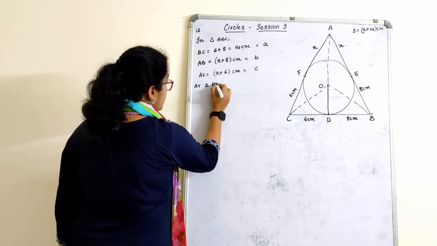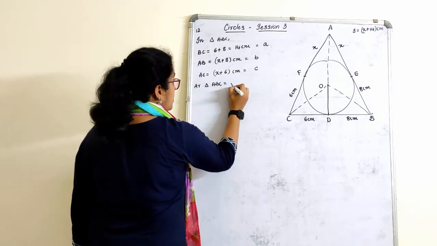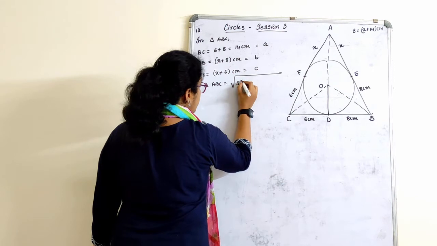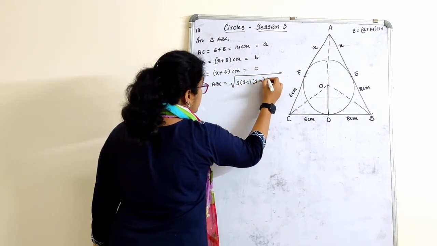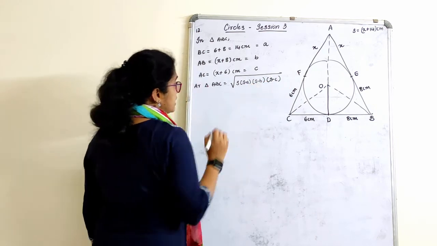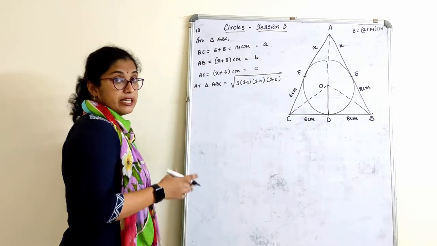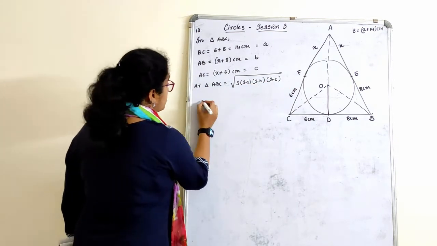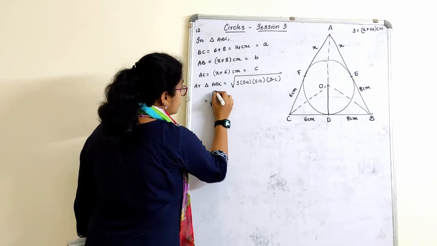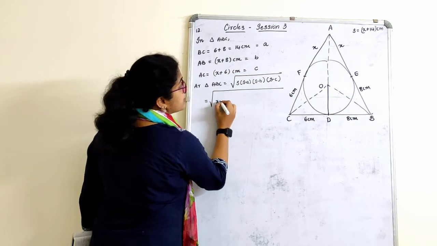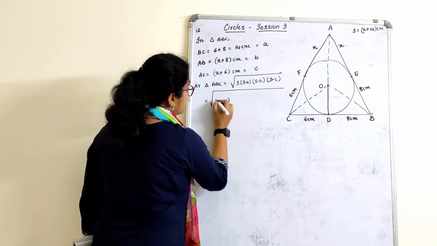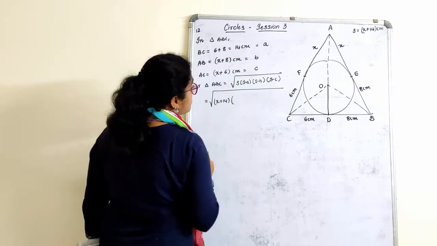Okay. Let us find the area of the triangle now. Area of triangle ABC. What's the formula? Root of s times (s minus a) times (s minus b) times (s minus c). Area of triangle using Heron's formula. So equal to root of, what is s? x plus 14. s minus a.